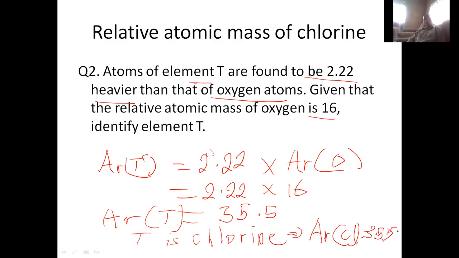So we note that we have identified this element T. It is chlorine because it has a relative atomic mass of 35.5.